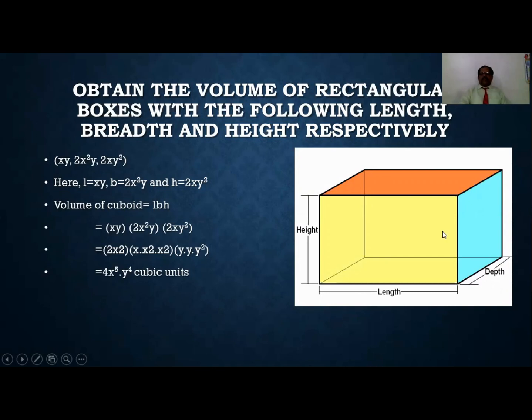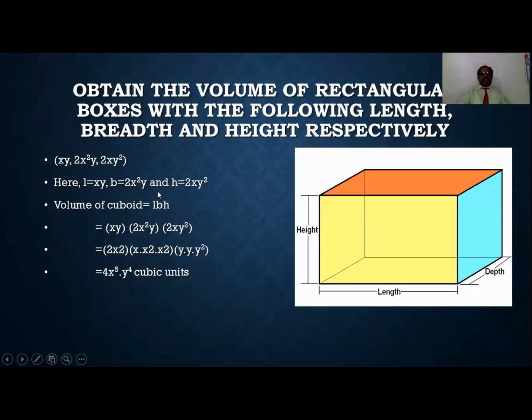So a box will have three dimensions: length, breadth and height. Clear? So if you are given three monomials, we consider the first monomial as xy, that is length. Second monomial given is 2x square y, we can take it as breadth or depth. And then the third monomial given is 2xy square, which is the height of this cuboid or rectangular box.